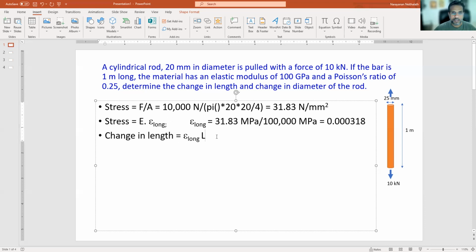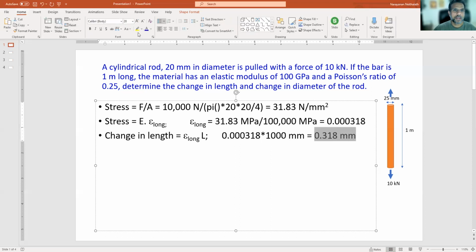Therefore, change in length is equal to longitudinal strain times length, 0.000318 times the length of the bar, 1 meter, which is 1000 millimeters, which will give you change in length of 0.318 millimeters. So this is the answer to the first part of your question, 0.318 millimeters.